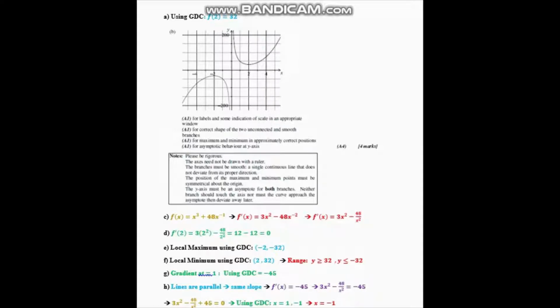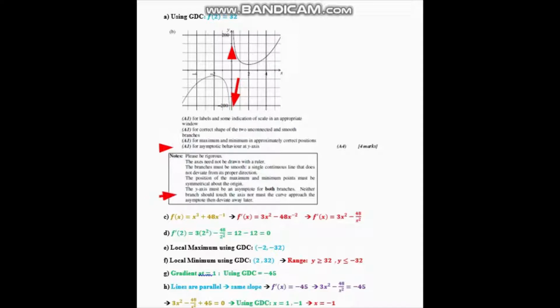Finally, you get one mark for asymptotic behavior at the y-axis. The curves must approach the y-axis but not touch it at all. And watch out, because they've instructed the examiners here to make sure that you are accurate in your drawing.